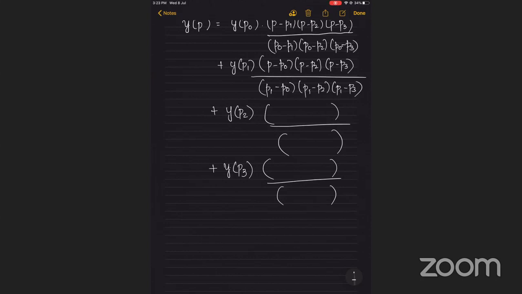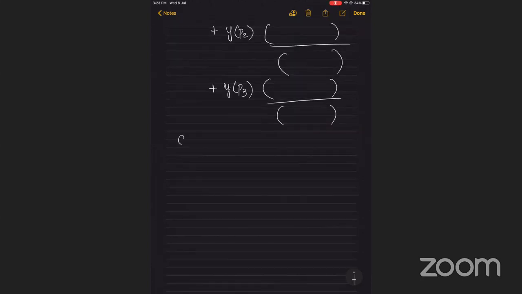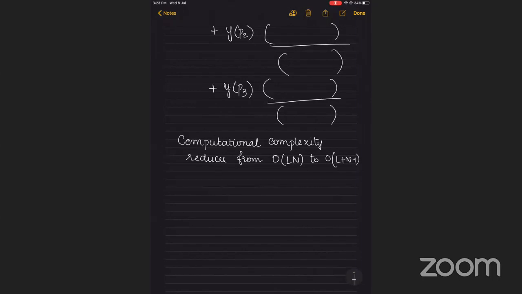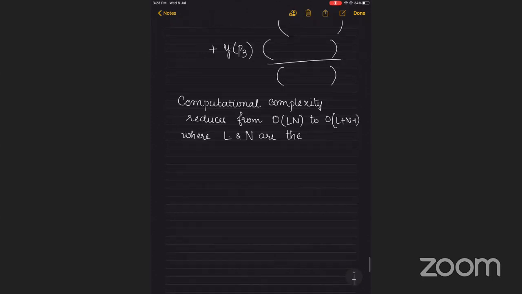Is that clear? Therefore, the computational complexity in this case reduces from order of LN to order of L plus N minus 1, where L and N are the lengths of the two sequences.